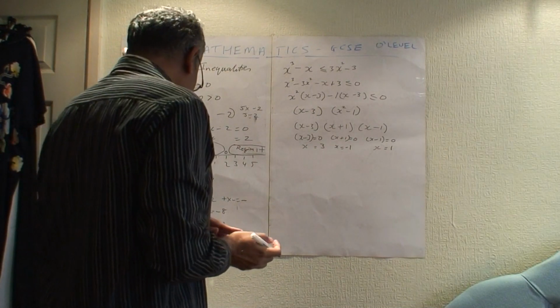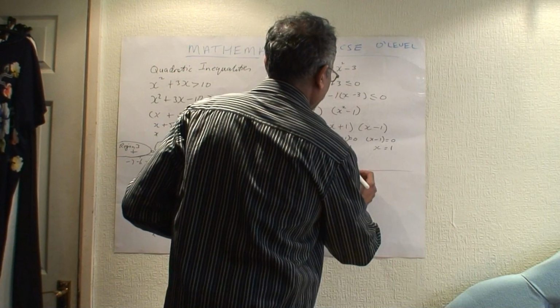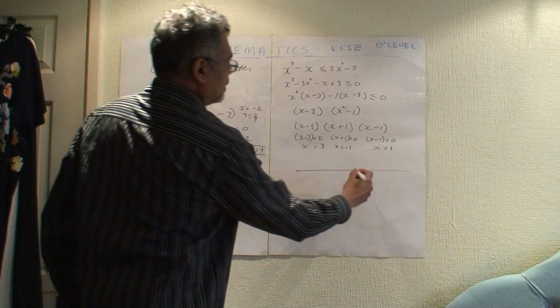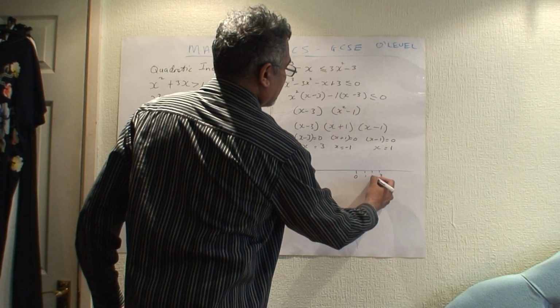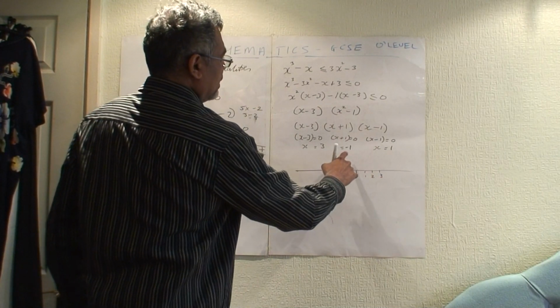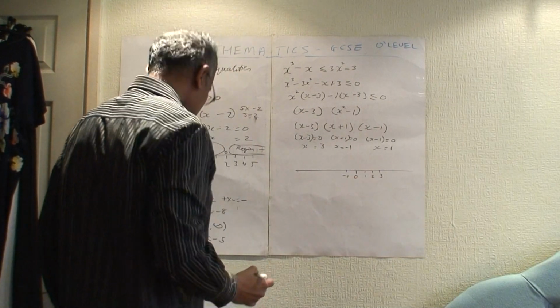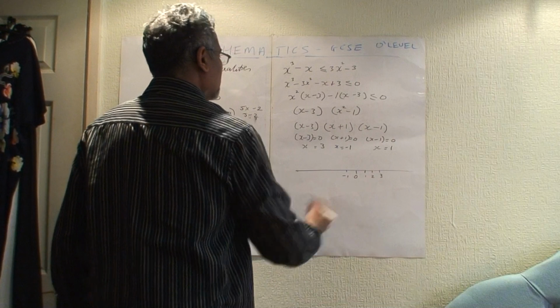Now we can represent it on the number line. That's 0. It is saying that x is 3, so we plot 3. It's also telling us minus 1 and also 1.